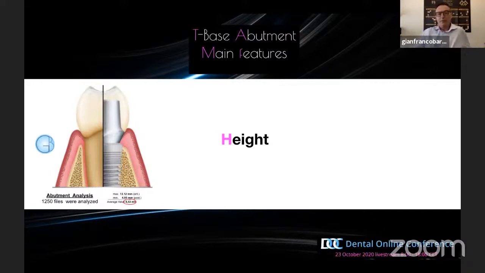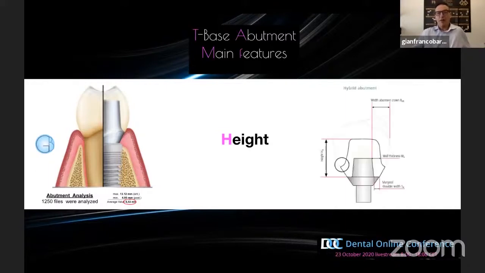Most of the T-bases on the market do not reach this height and put our restoration at risk. There is also some study that has been done on the height and diameter of the restoration, from which we can calculate.